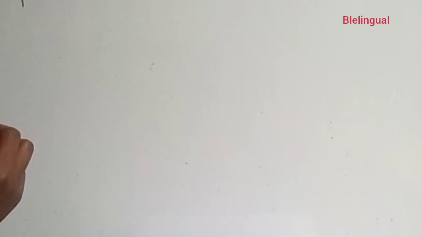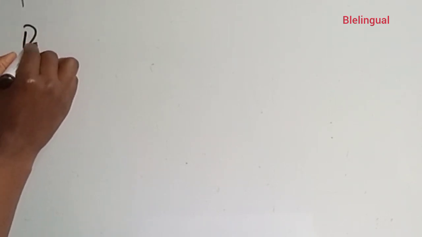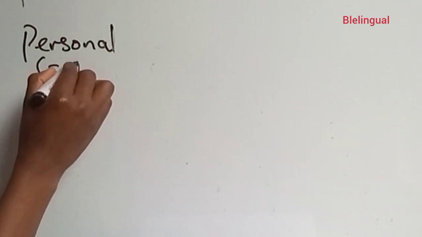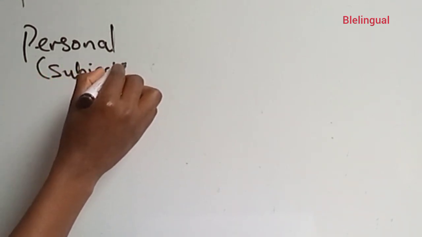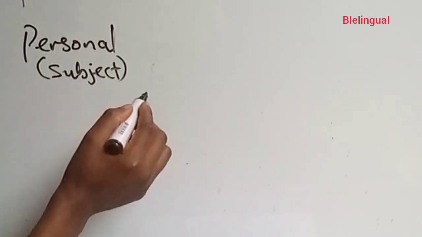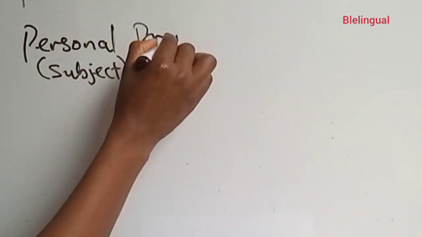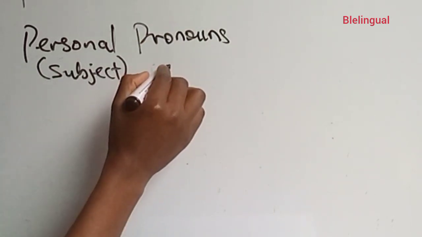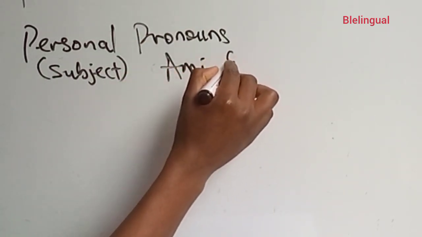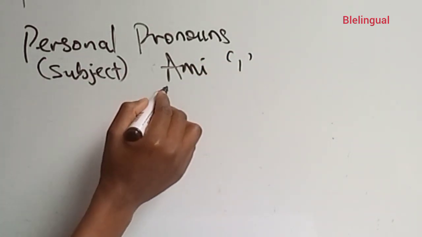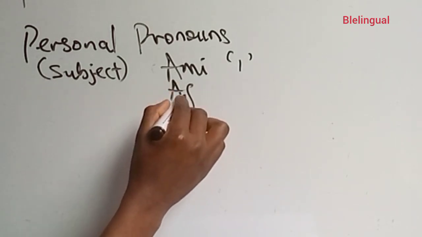The subject pronouns, that is, the personal pronouns, occur in the subject area and are the subject of the verb. So let us look at what we did. For the first person, ami, that is I. Afo, for the second person singular, you.